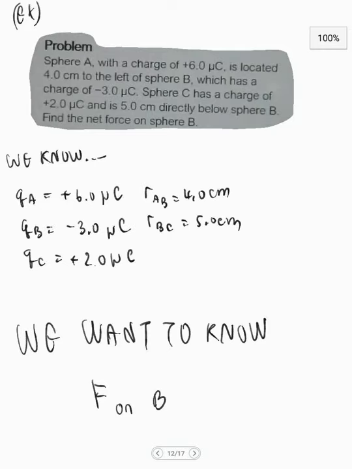We know QA, QB, and QC. We also know RAB and RBC. RAB means the distance between A and B, and RBC means the distance between B and C. What we want to know is the force on B.